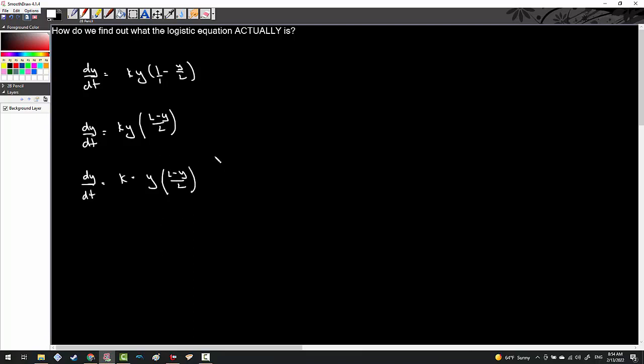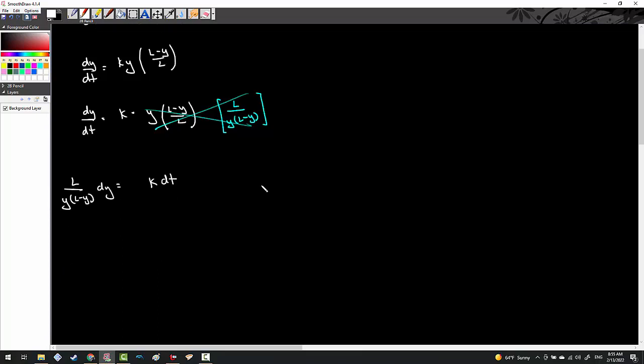Because what I'm going to do is multiply both sides by L over y times L minus y. And that's going to allow the entirety of this to cancel, giving me on the left now L over y times L minus y dy is equal to k dt. Now I'm going to get ready to integrate now that I've separated the terms.